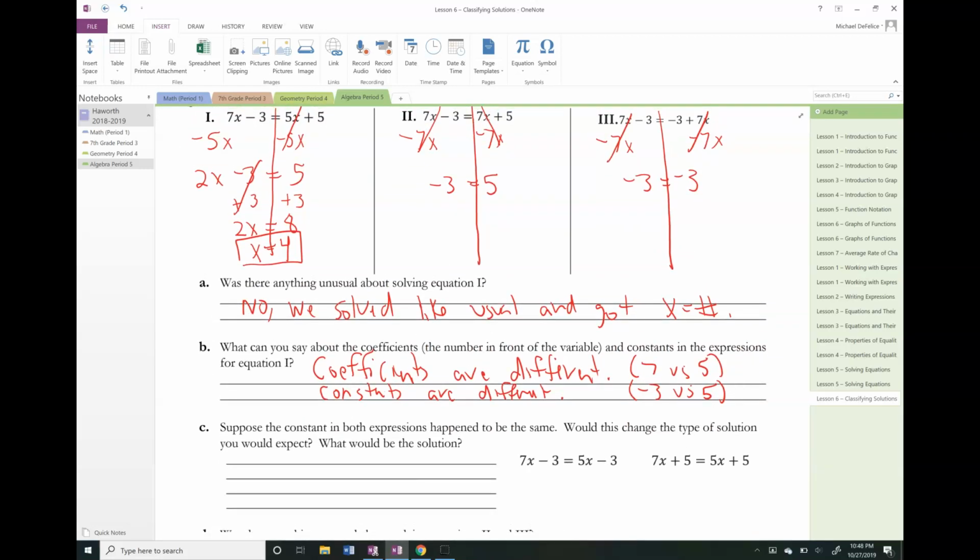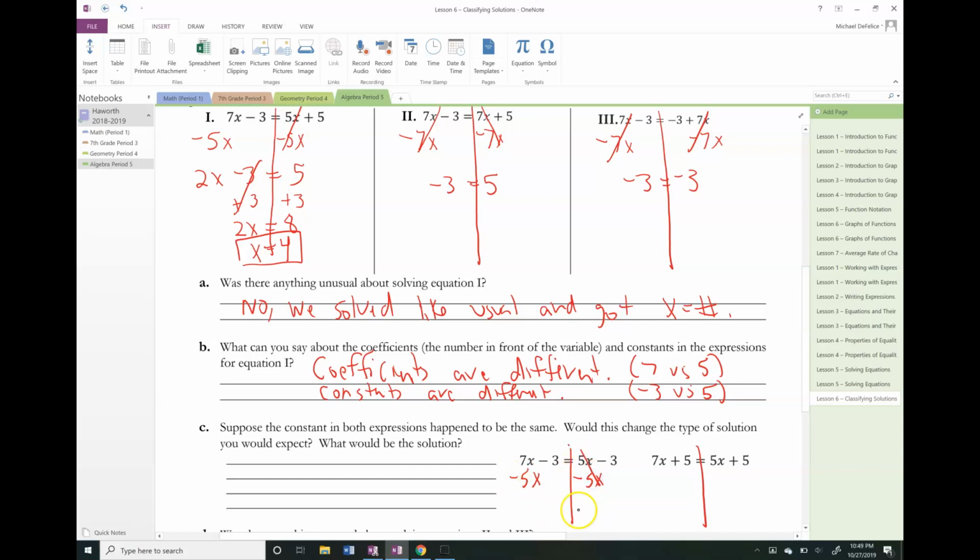The next question says, suppose the constants in both expressions happen to be the same. Would this change the type of solution you would expect? What would the solution be? So now I've made the constants negative 3 in the first equation, and 5 in the second equation. Is this going to change our answer in any meaningful way? Let's solve it like we did in the first one. I'm going to start by subtracting 5x.